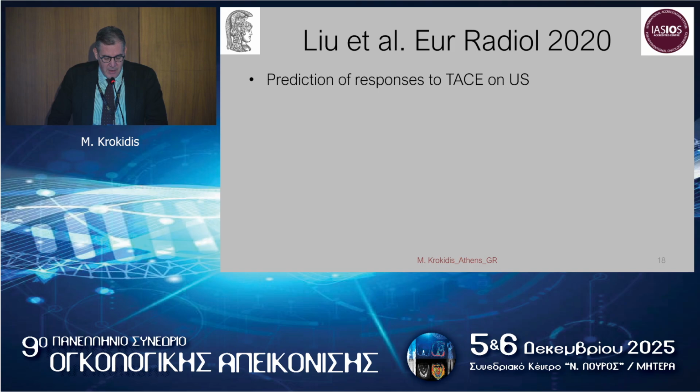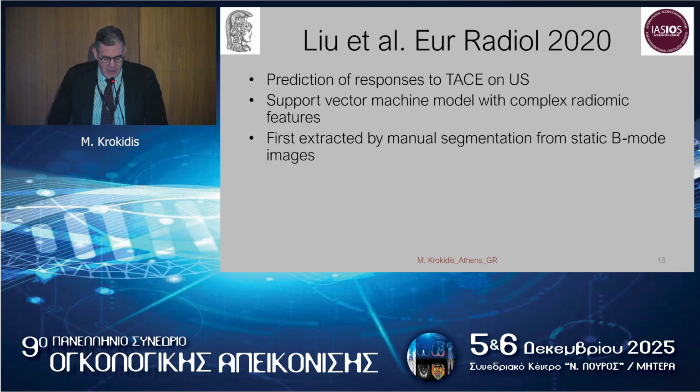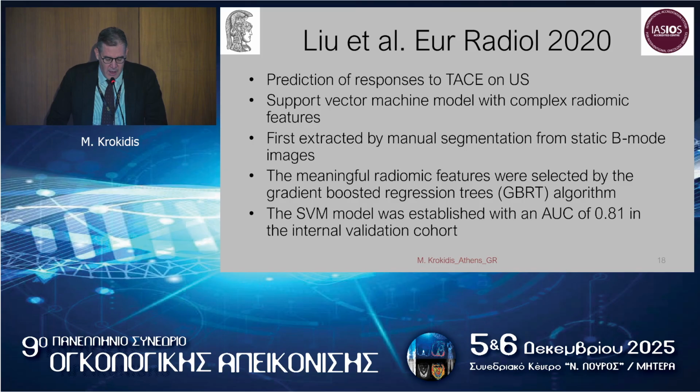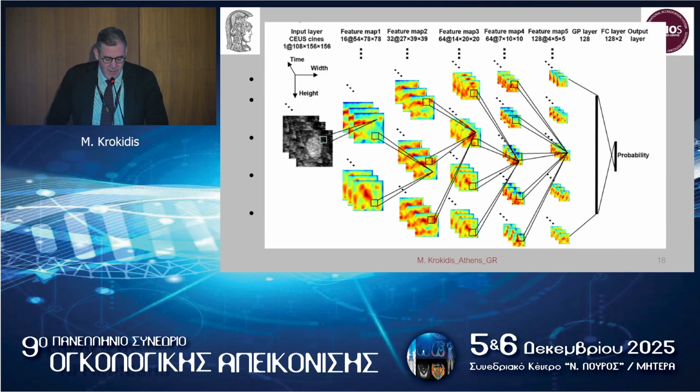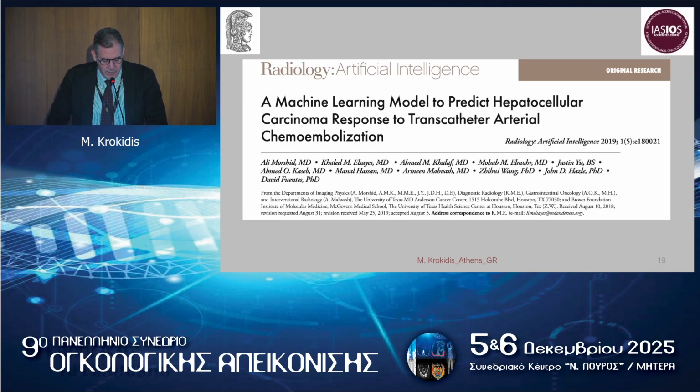Similar papers. In this one, a little bit more complex, for example, with TACE and EUS, the information was extracted by manual segmentation and radiomics, and in a more complex model, we had a probabilistic approach on what the potential outcome is.